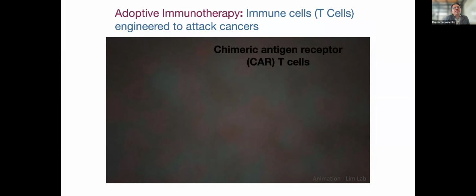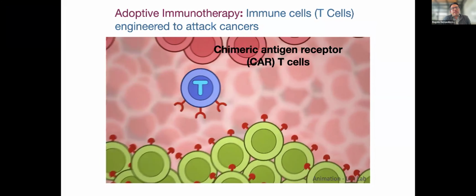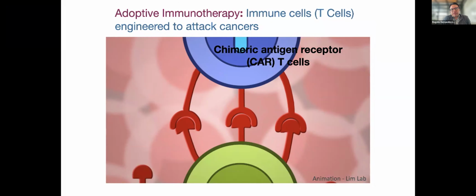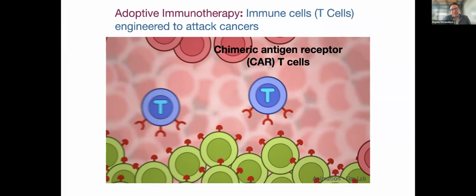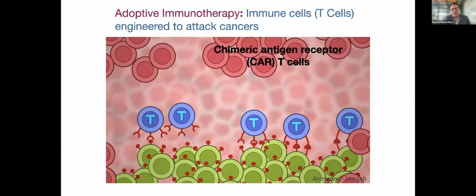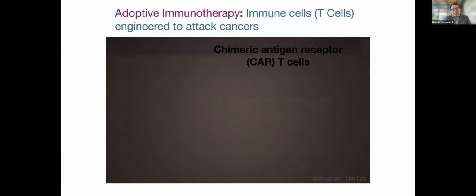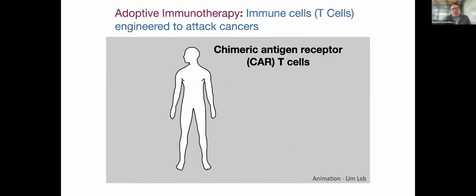If you can see this movie, then the idea is that T cells can be engineered to recognize these proteins that are on the surface of cancer cells. In that way, you can redirect the cytotoxic activity of T cells against cancer cells. This approach is called chimeric antigen receptor T cells because we are using these synthetic receptors that are kind of like a Frankenstein.